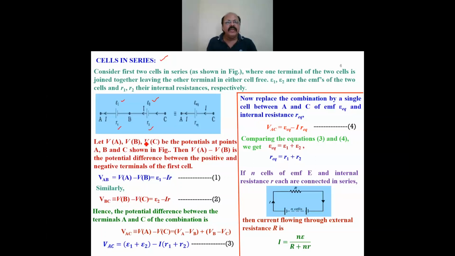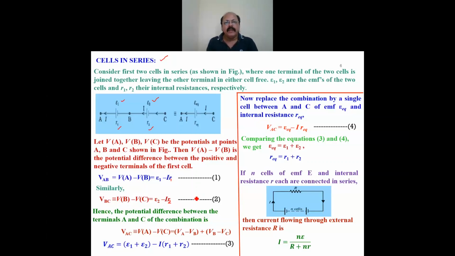So VAB equals VA minus VB, that is for the first cell, which you have already studied, the terminal potential difference E minus Ir. So here in place of E it is E1 minus I r1. Similarly, when you talk about points B and C, VBC equals VB minus VC equals E2 minus I r2. So mark these equations 1 and 2.